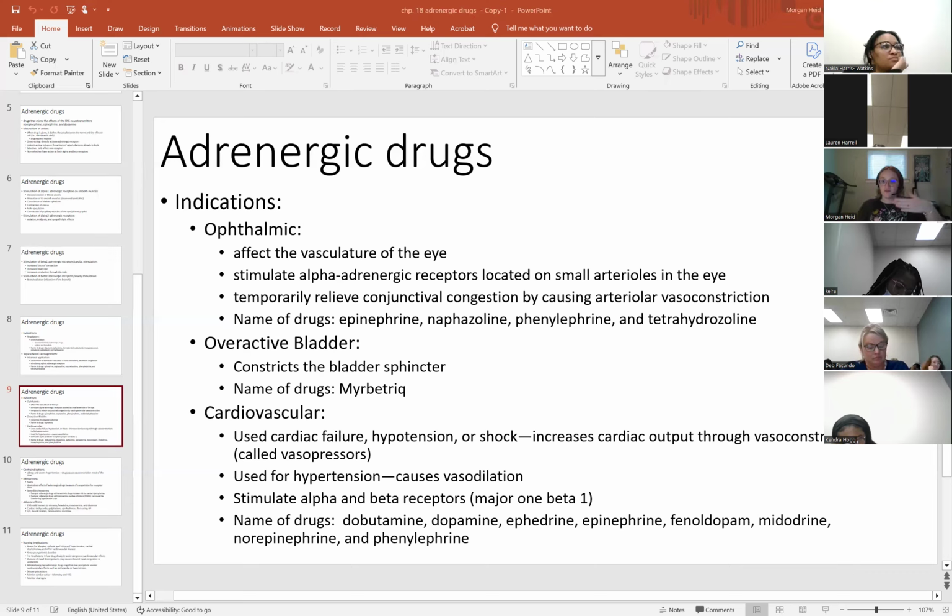So if I turn that on here, I can use that to treat overactive bladder. Because if I constrict that internal sphincter, can as much urine leak out? No. If I relax the bladder wall, more urine has the opportunity to fill the bladder before I start leaking urine out.